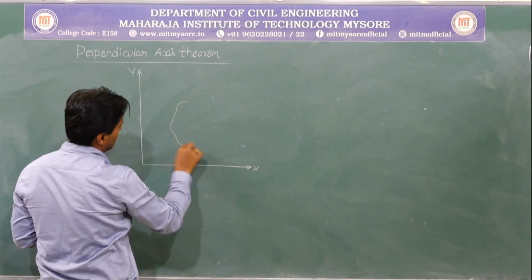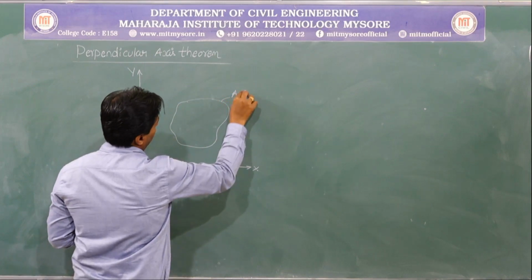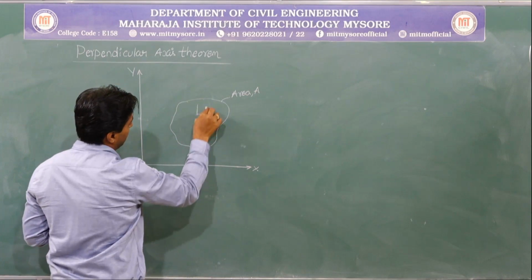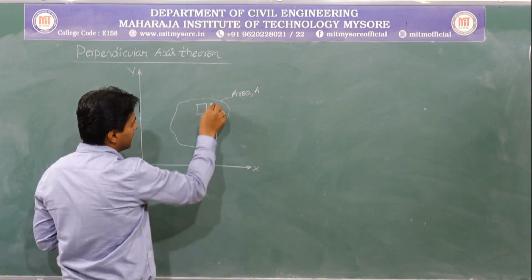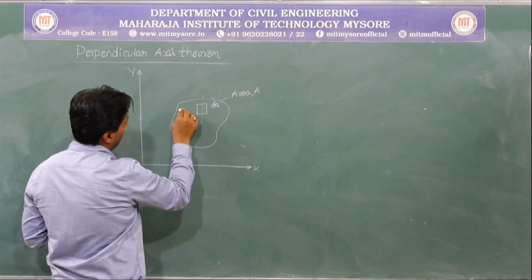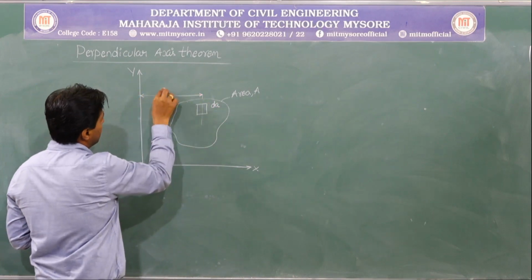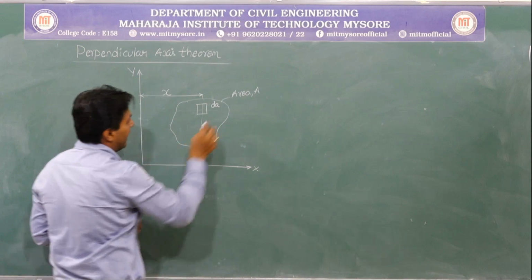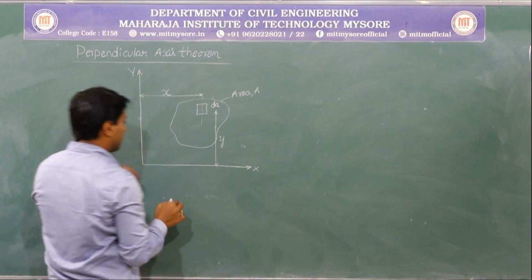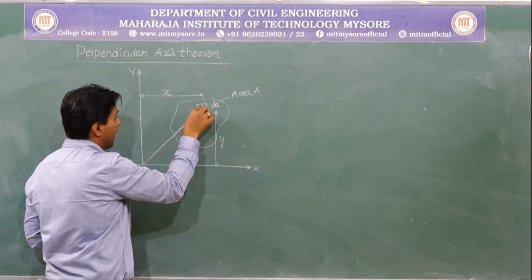In that particular axis, I will be considering an object of area capital A. In that, I will be considering an elemental strip of area dA. So this particular elemental area is at a distance x from y-axis, and it is at a distance y from x-axis. If I consider z-axis also, then it is at a distance r.